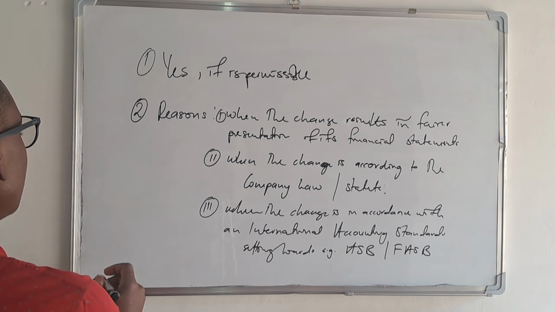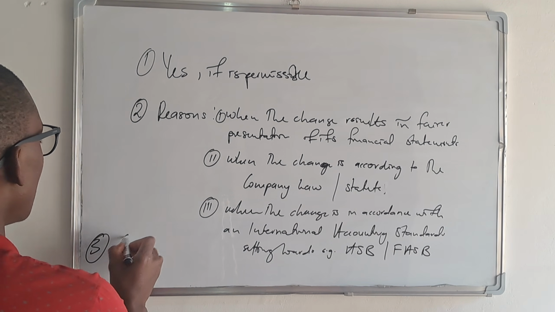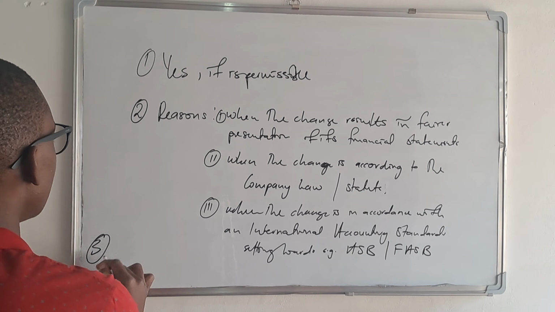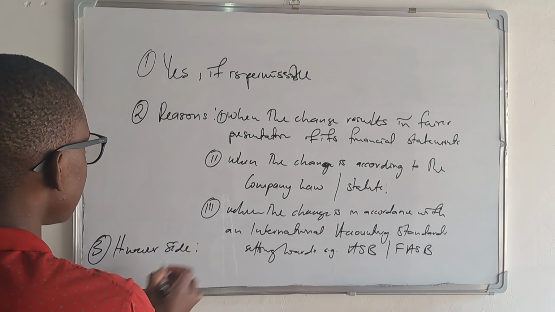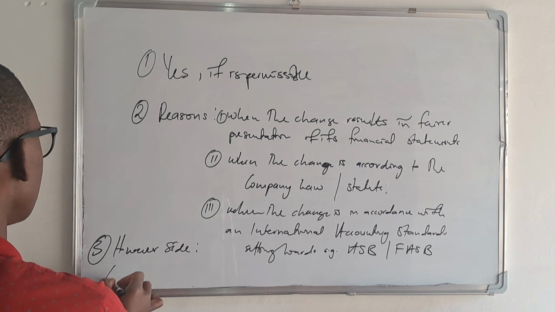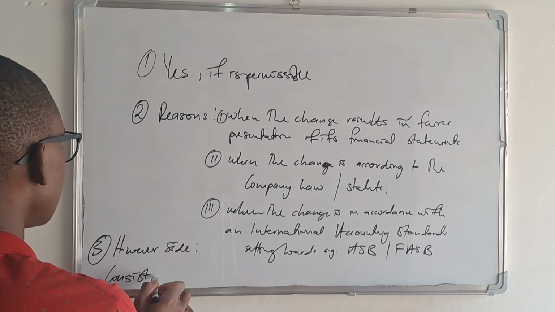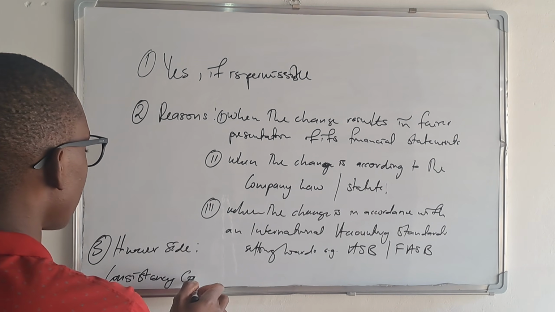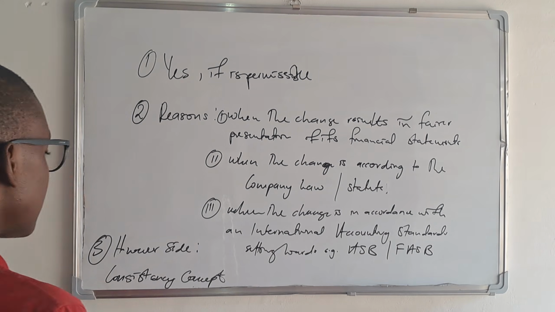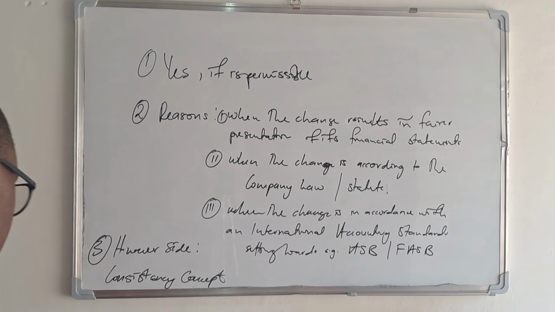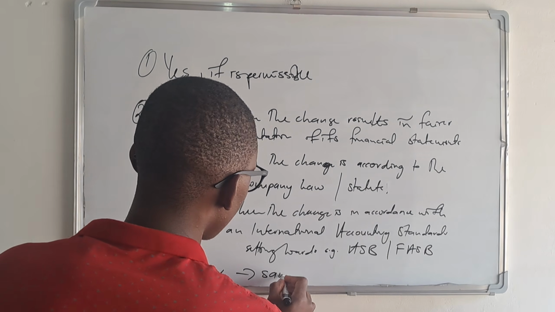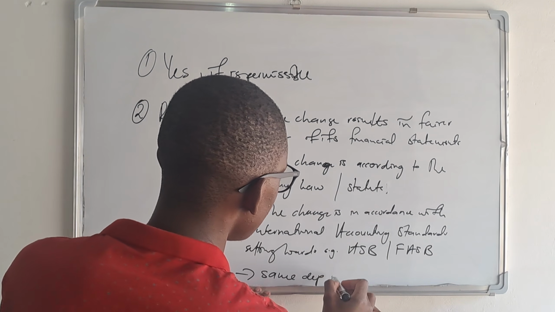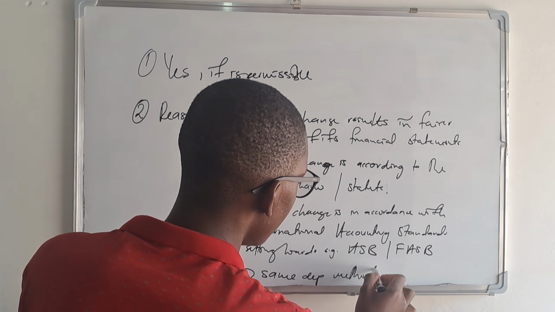Then on the third item, you look at the however side. The however side, you are going to look at the consistency concept. The consistency concept requires that we use the same depreciation method.